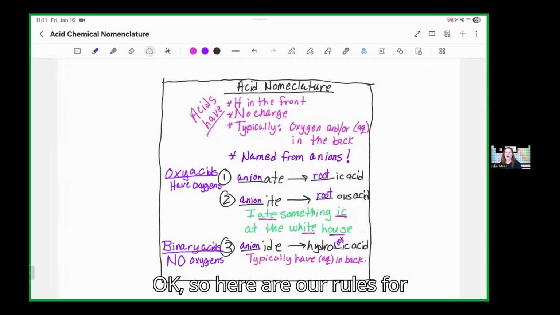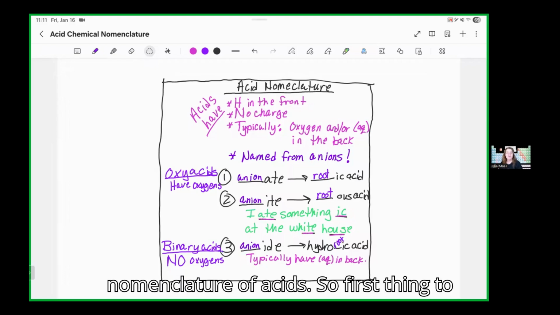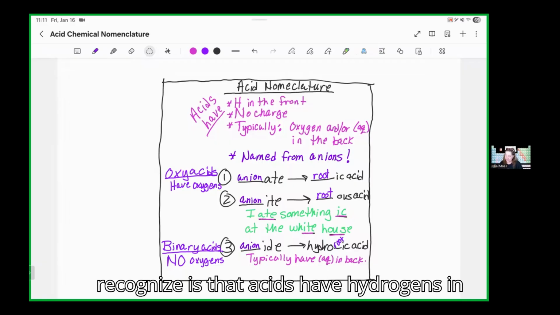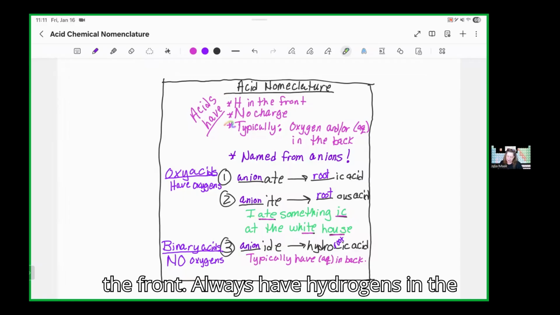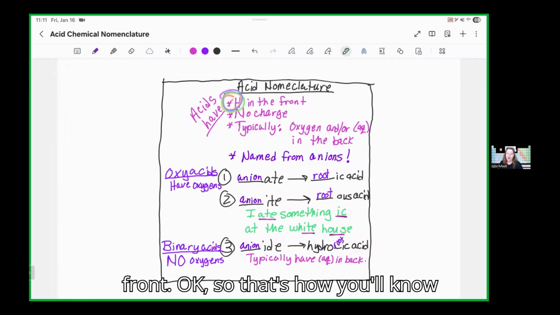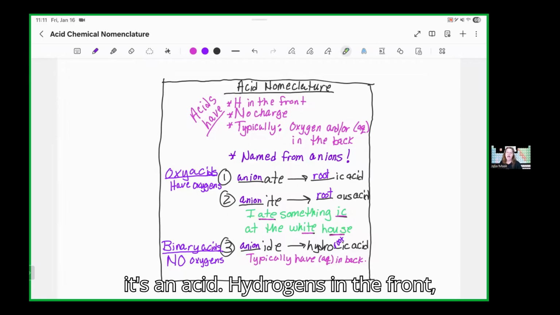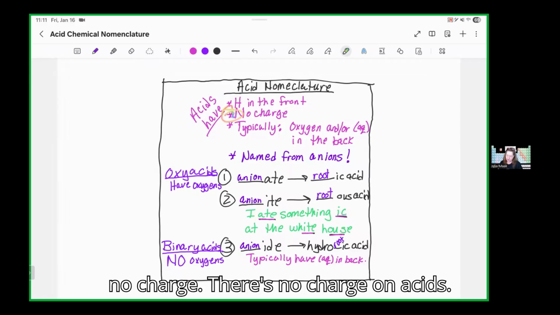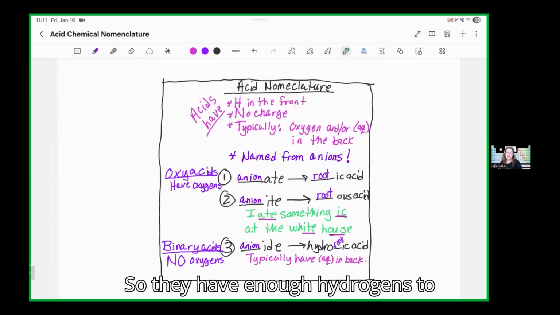Okay, so here are our rules for nomenclature of acids. The first thing to recognize is that acids always have hydrogens in the front. That's how you'll know it's an acid. There's no charge on acids, so they have enough hydrogens to balance out the negative charge on the anion.